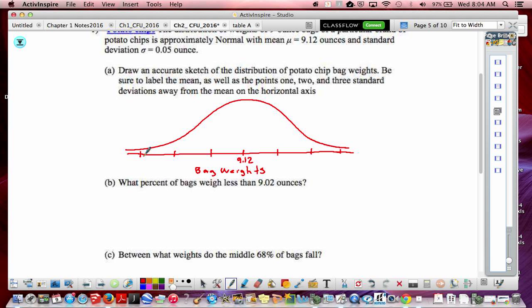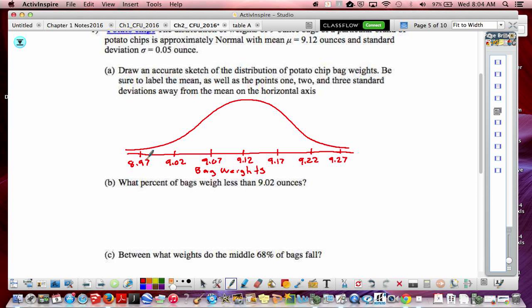So now we're adding 0.05 each time or subtracting. So we go 9.17, 9.22, 9.27. Then if we're subtracting, 9.07, 9.02, and 8.97.